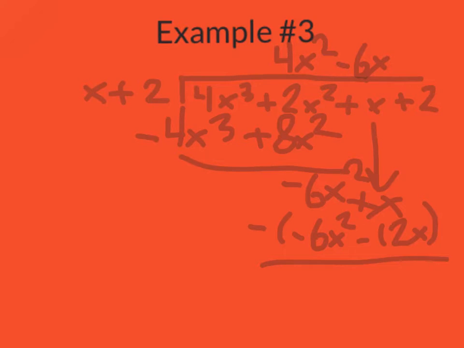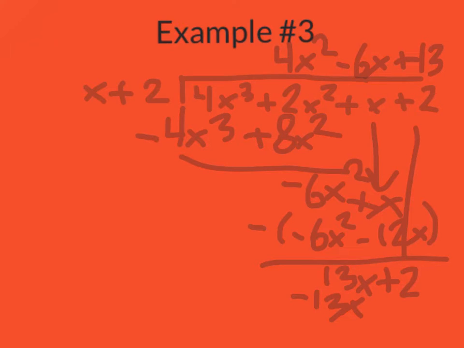So this would add up and give us 0, but then x minus negative 12, that would be plus. So now we have 13x, and we're going to go ahead and bring down this 2, and then add a 13 to get 13x, so minus 13x.